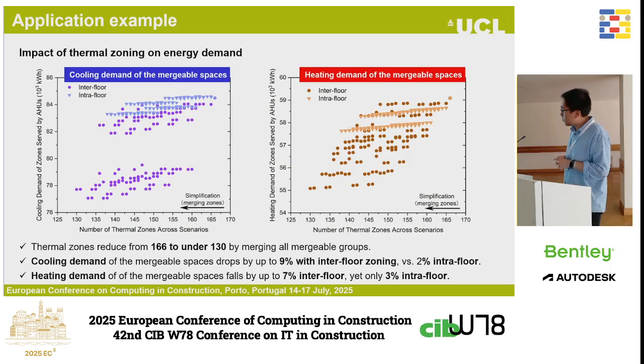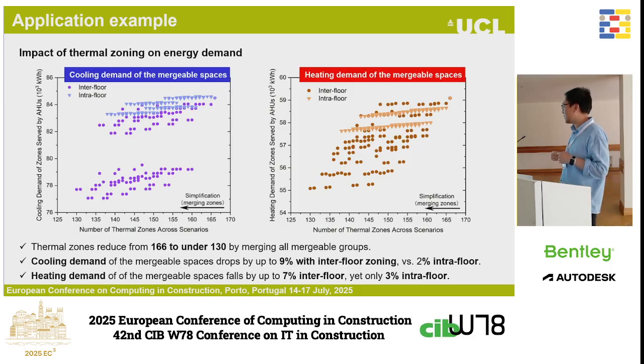As you can see, the number of thermal zones is reduced from 166 to 113 by merging all the mergeable groups. As you know, the AHU is not serving the whole building. It only covers nearly half of the spaces. That's why the result is like this. Let's go to the cooling and heating demand.